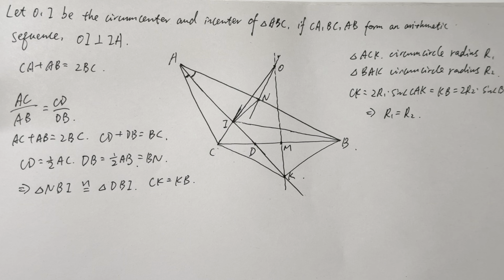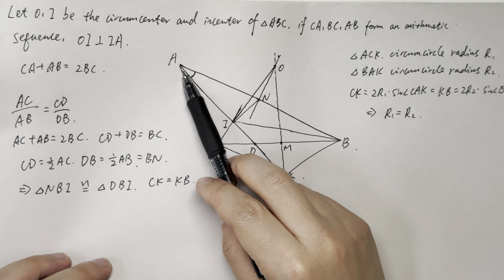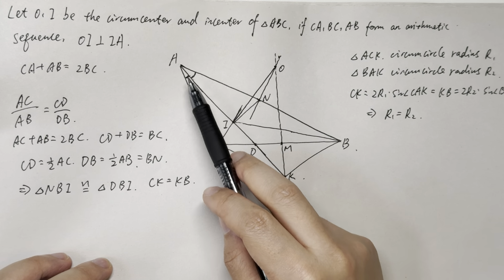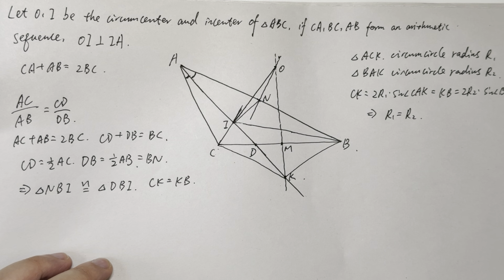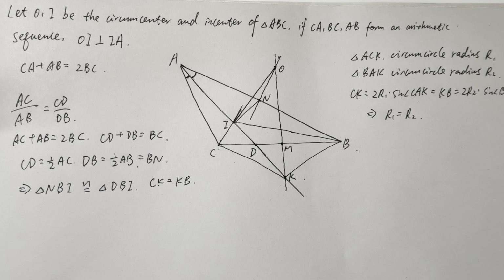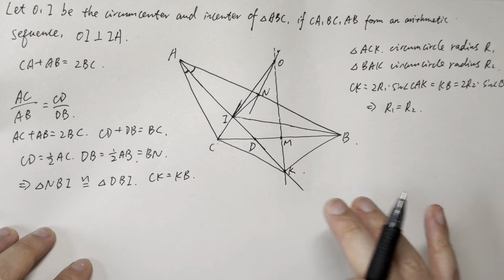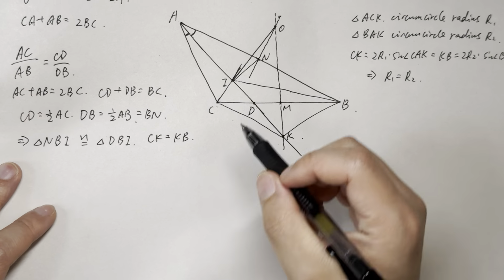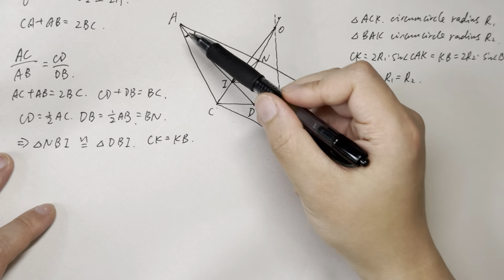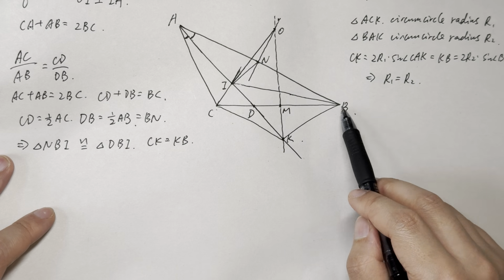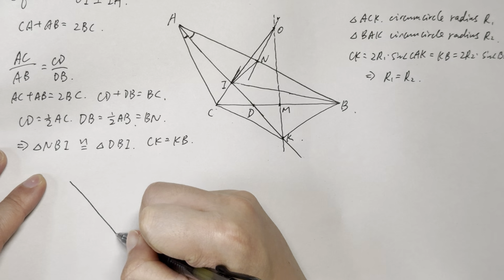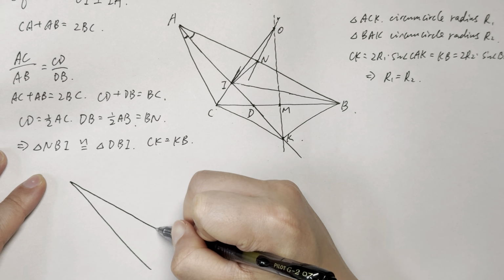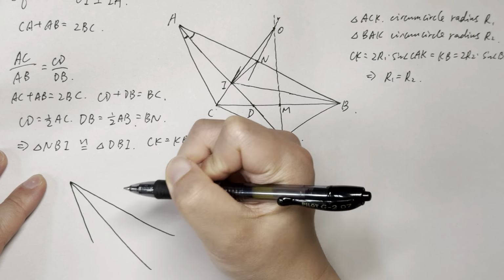Which means triangle AKB and triangle ACK have the same circumcircle radius, right? This is important. And let's think about the figure like this, okay? What is AK? AK is an angle bisector of angle BAC, right? So if we draw AK here, this is an angle bisector, right?